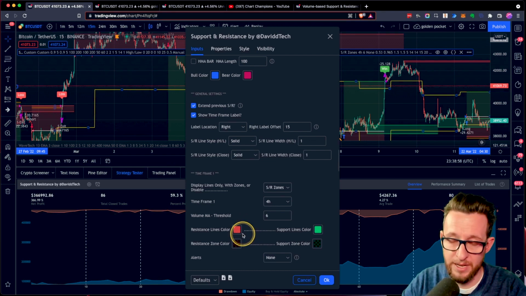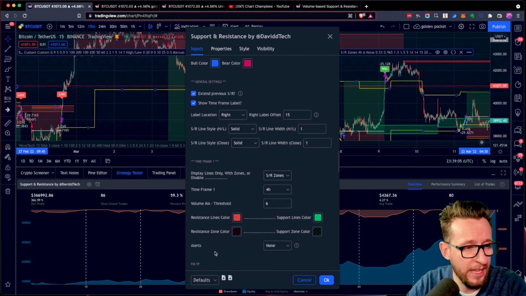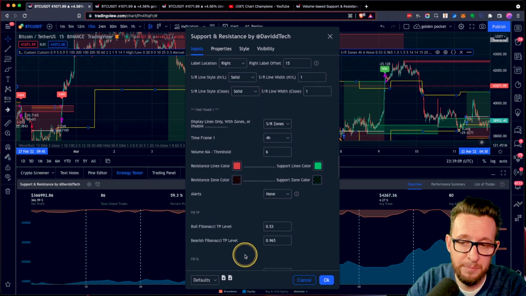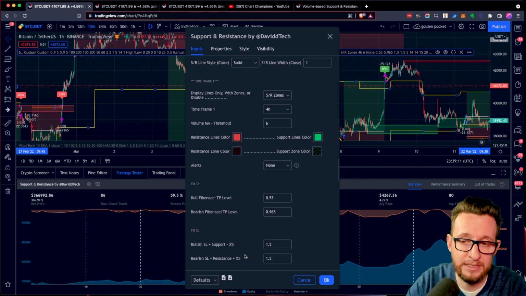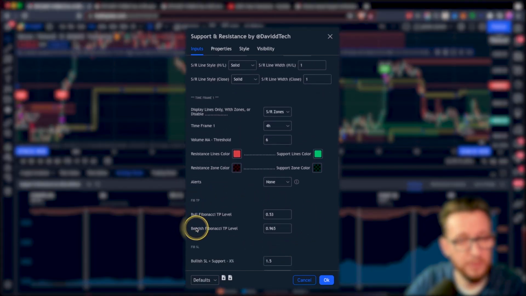I've done my absolute best not to include repainting. The entries are actually taken on the open and not on the close, and I have been testing for quite some time now, and it seems to be fine. The optimizer has given us completely different Fibonacci levels for bullish and bearish signals.